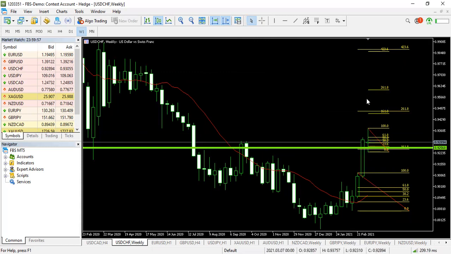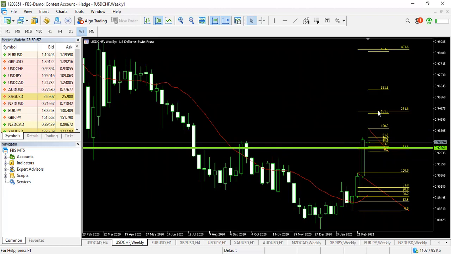Also, this zone here, I wouldn't really want to sell there because it's not a strong resistance zone. You can see it's the 161.8 on a weekly Fibonacci, and 261.8. The 261.8 is a very strong resistance, but it would need the 100 or 423.6 for the market to actually start selling, where the pressure would be much more than with 161.8.